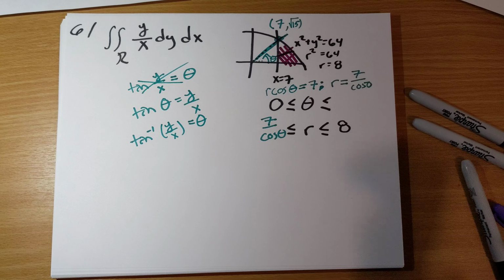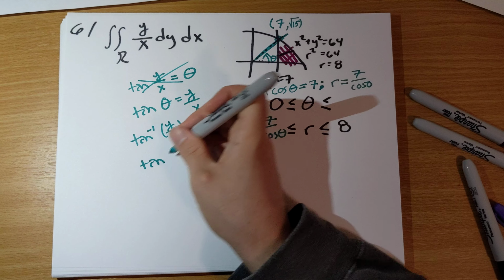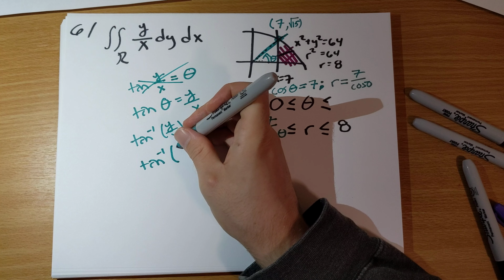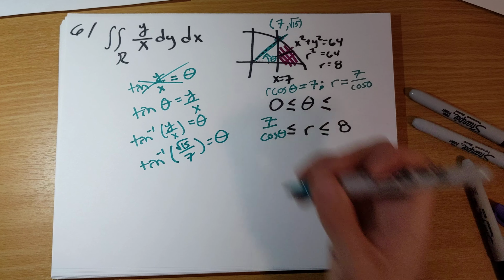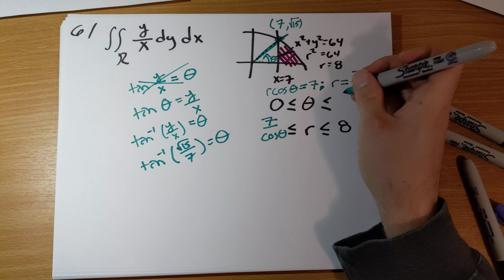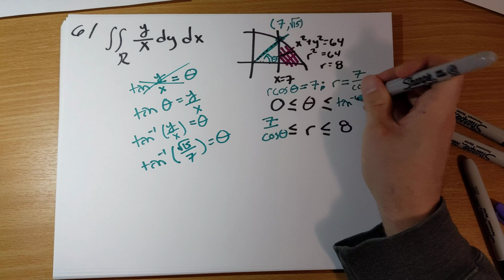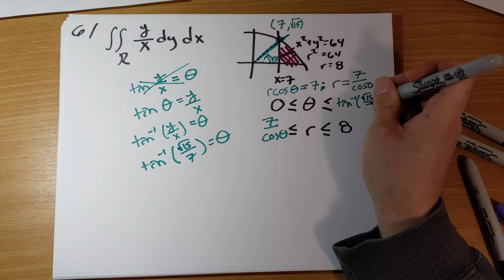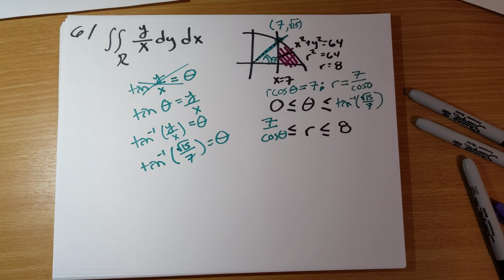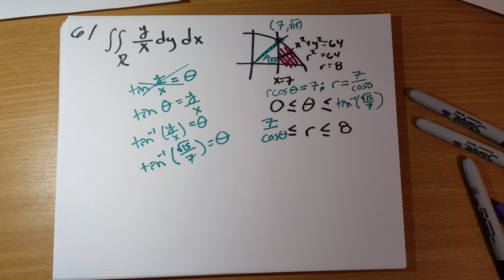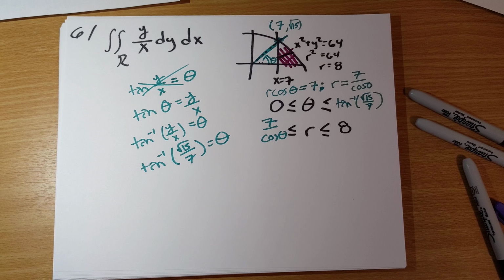Okay, so we have y and x here. Arctangent of root 15 over 7 is equal to theta. So this is our upper bound on theta right here. And let me say here, sometimes we have to worry about what quadrant we're in for arctangent and stuff like that. We're in quadrant 1, everything's okay.